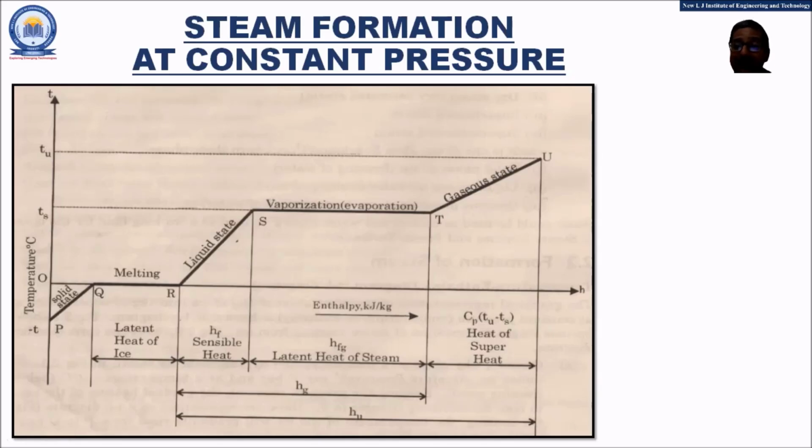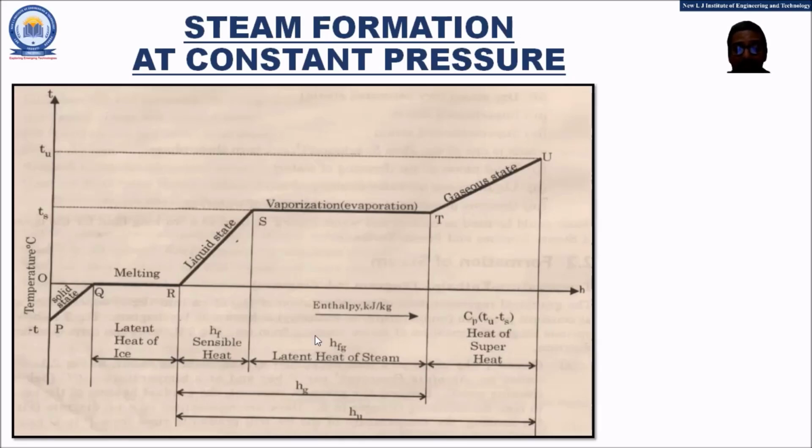Now friends, this ice is supplied by the latent heat. And friends, during the discussion of the refrigeration cycles, refrigeration systems, several times we have come across the concept of latent heat. Remember that the latent heat is that type of heat which is responsible only for the phase change at constant temperature. There is no change in temperature, but only the phase changes.